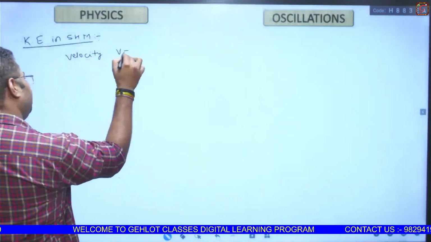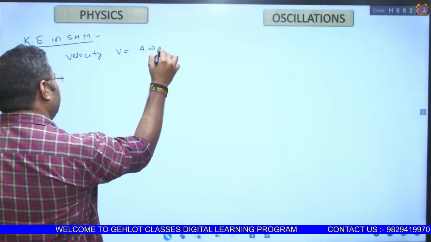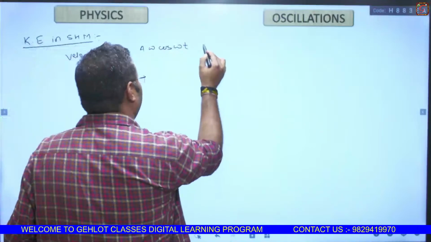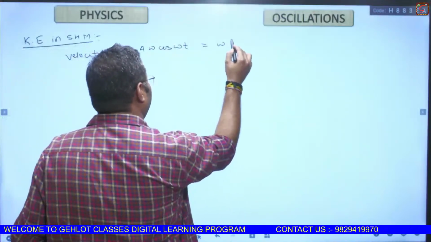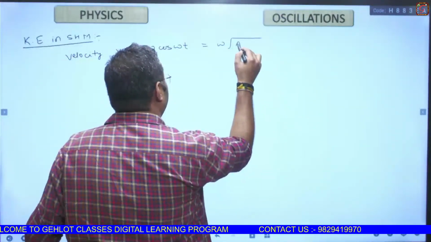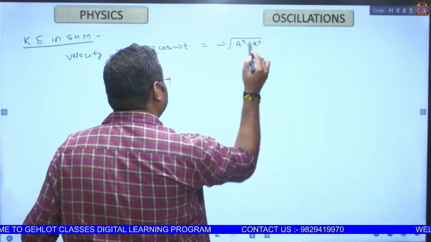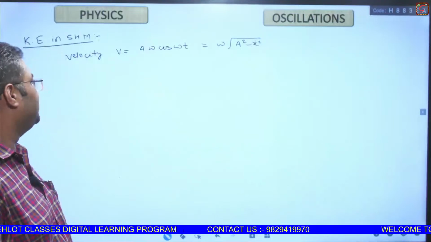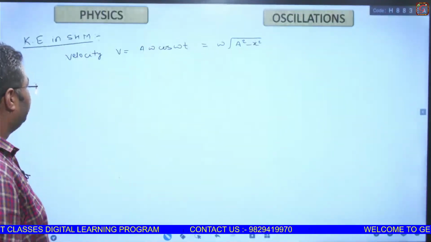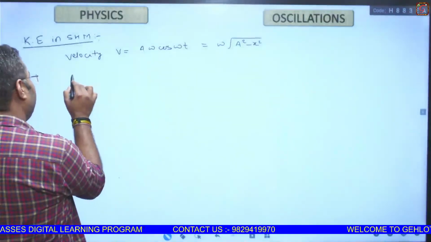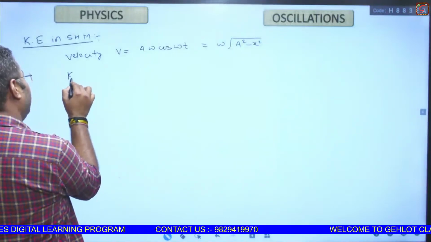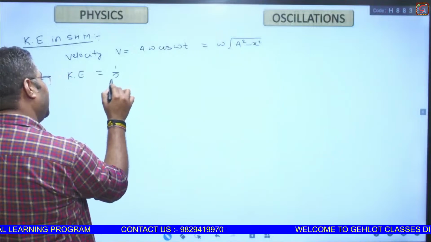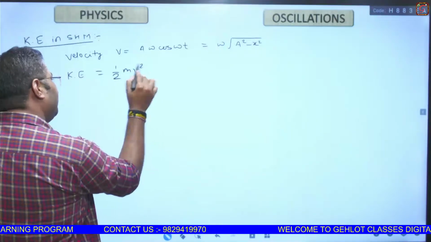The v can be written as a omega cos omega t, which can also be written as omega into under root a square minus x square, where a is amplitude, x is displacement, omega is angular velocity. Now we all know that kinetic energy equals half m v square.